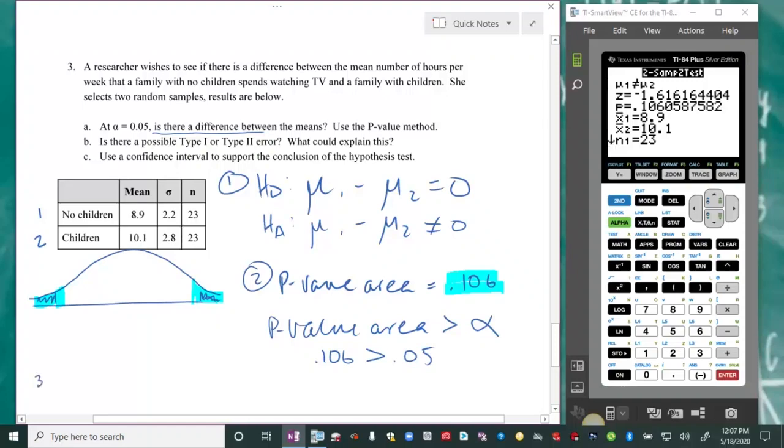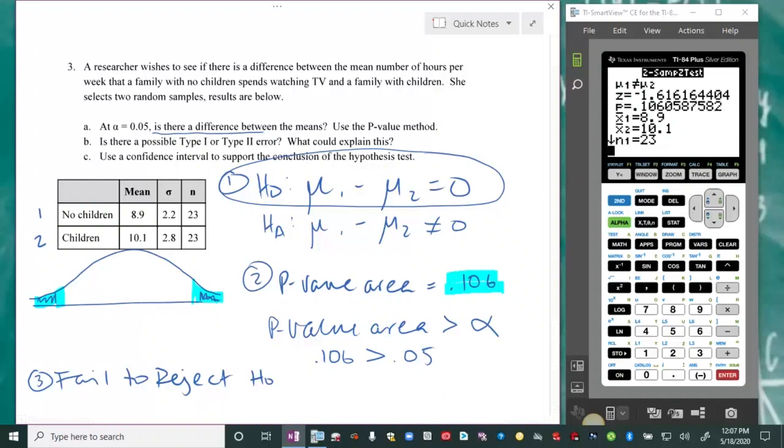So that gives me step number 3, fail to reject. So I'm going to fail to reject that null hypothesis, which means I'm keeping it. Let's go ahead and mark which one is the claim. So it says, is there a difference? So to see if there's a difference, we're going to state that second one as the claim. We are not keeping that claim.